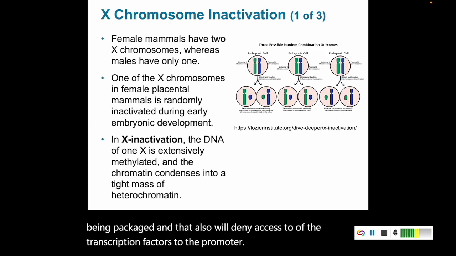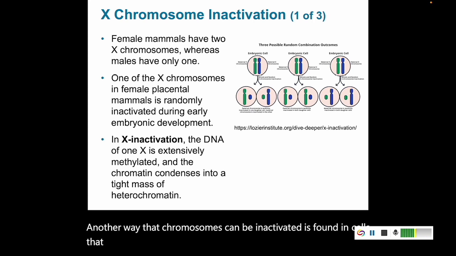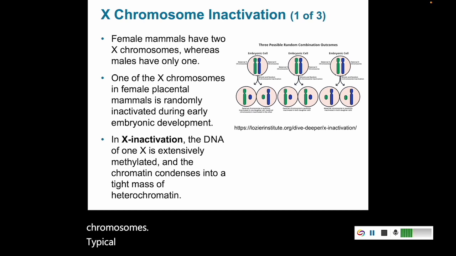Another way that chromosomes can be inactivated is found in cells that have more than one copy of an X chromosome. So the typical genetic profile of a female mammal is to have 2 X chromosomes. The typical pattern in a male mammal is to have an X and a Y chromosome.